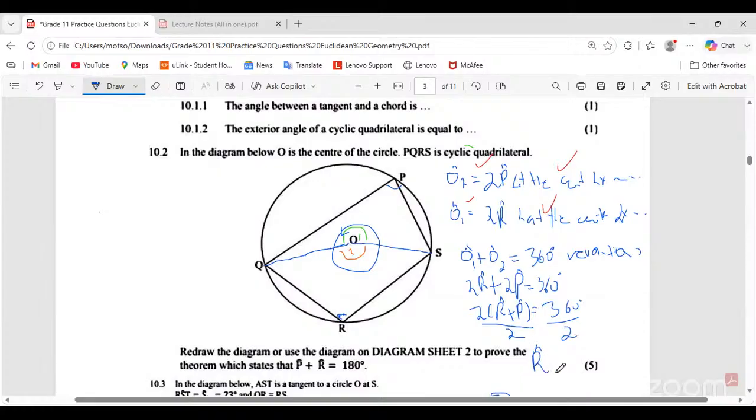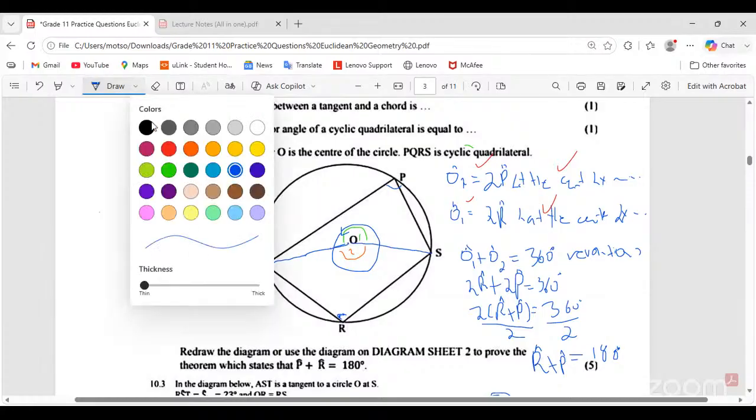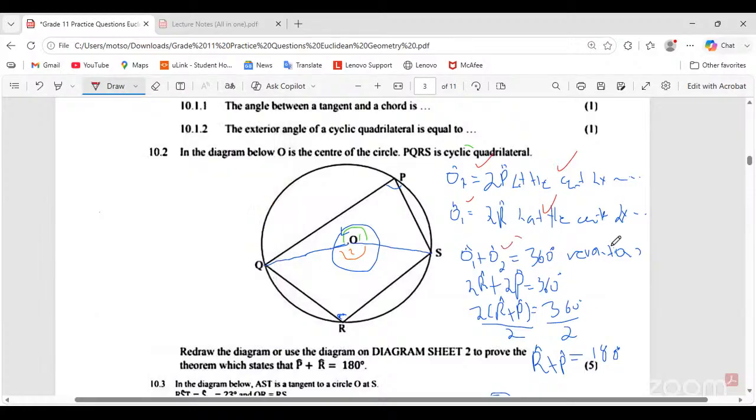Then R plus P is equal to 360 divided by 2. You simply get 180 degrees. Now, you have proved that angle R plus angle P is equal to 180 degrees. Then half a mark and half a mark here. Then you get a beautiful 5 marks for the proof.